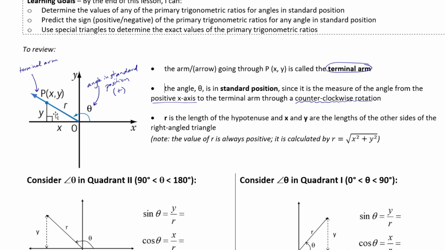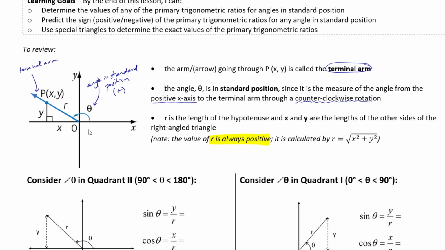R, as seen right here, is the length of the hypotenuse. And you can determine R by calculating the square root of x squared plus y squared. And note that R is always positive.